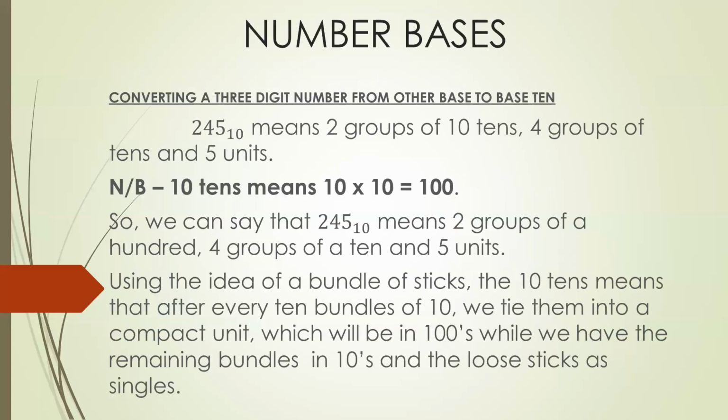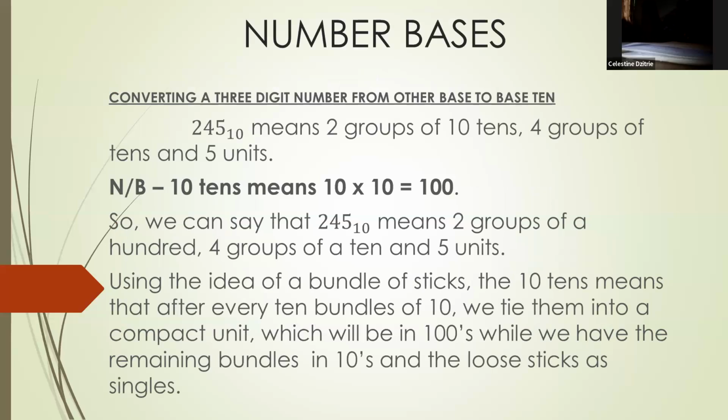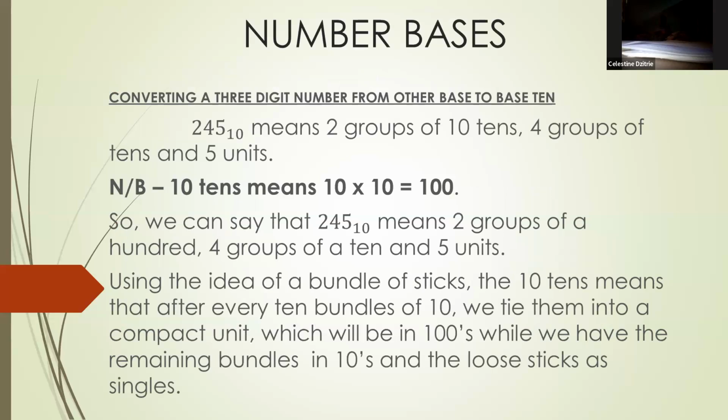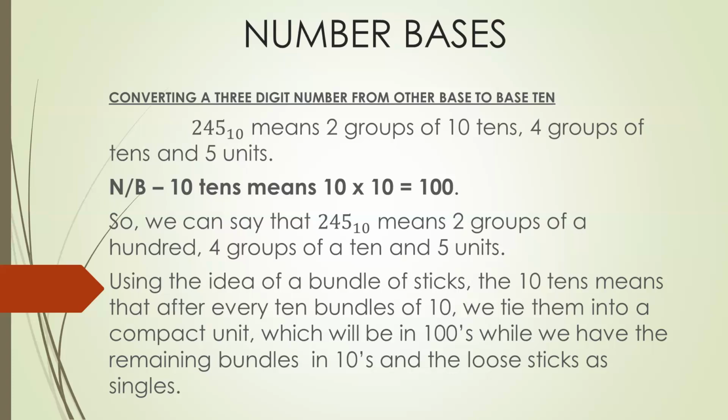So now, this time we are going to have 3 digits. Unlike what you just did, which had 2 digits, now it's 3 digits. So we have to understand what 3 digits means. When you have 245 base 10, it means that moving to the 4 and 5, it is 4 groups of 10s and then 5 singles.